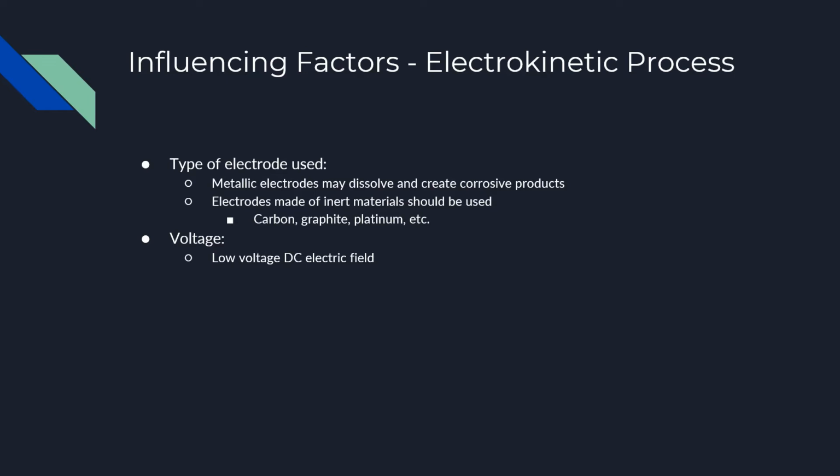In addition, electrodes made of inert materials should be used. These include carbon, graphite, platinum, etc. And this is because inert materials will not react with the soil and create negative byproducts.